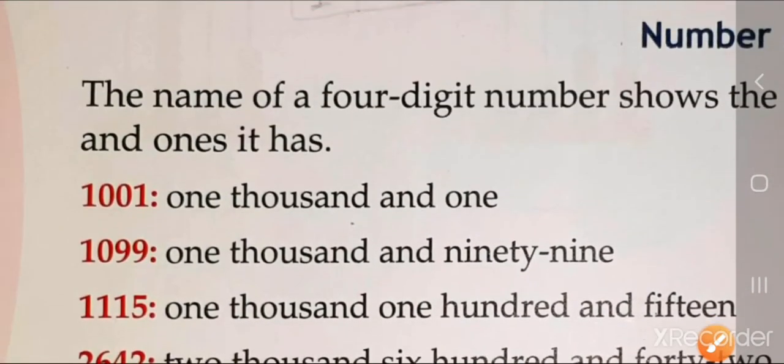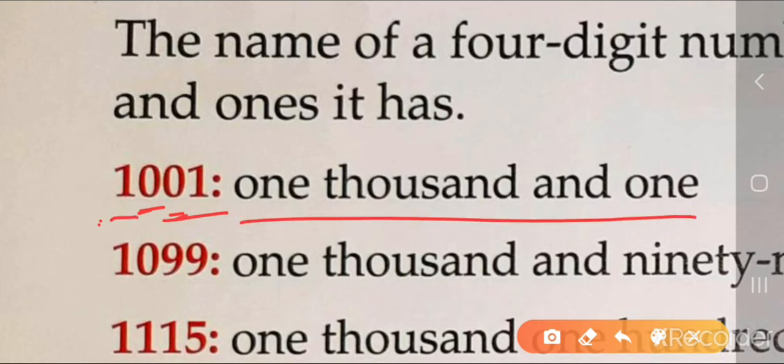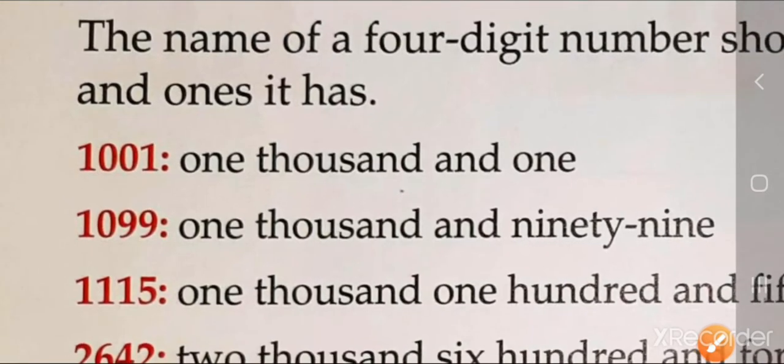So let's zoom in, and when you see that there is no digit, there is zero on the tens and hundreds place, we read it as 1001. Okay, so this is 1001. Next one is 1099, which means there is zero on the hundreds place, so we will not write zero in the number name. Okay, so next one.